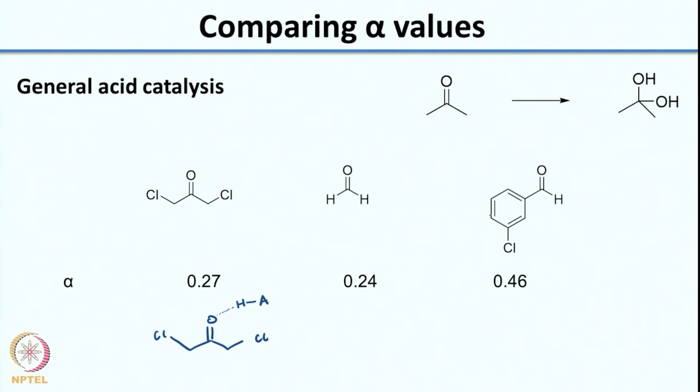In the benzaldehyde derivative, you have a value closer to 0.5, which indicates that you have greater protonation in the transition state, which might also be explained by the fact that if you have a greater protonation here, this is again in conjugation to the aromatic ring. So, maybe in this case you see a greater extent of protonation as compared to the other two cases.